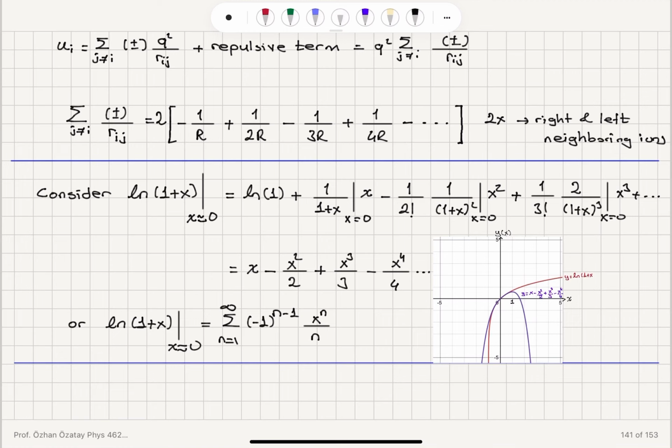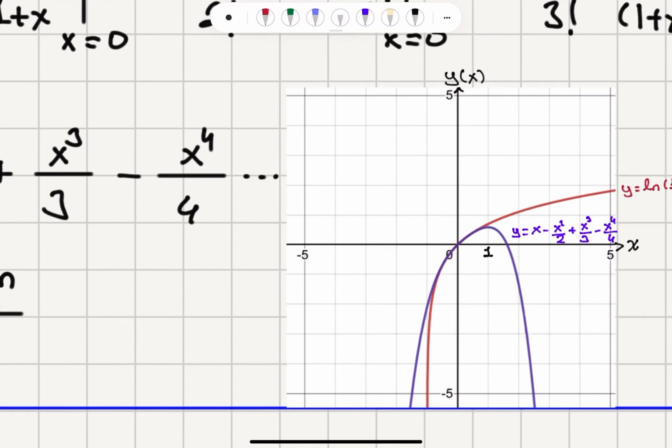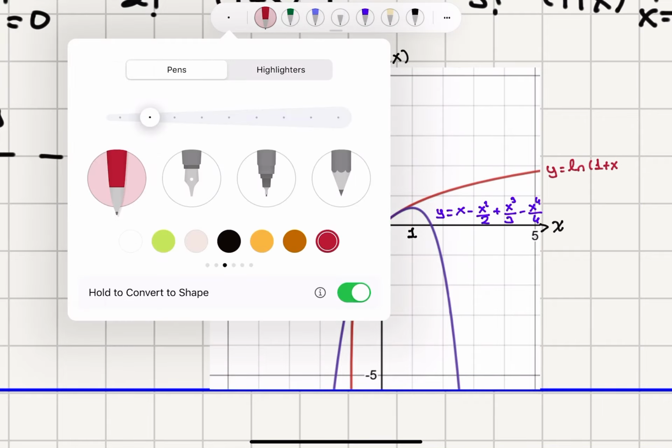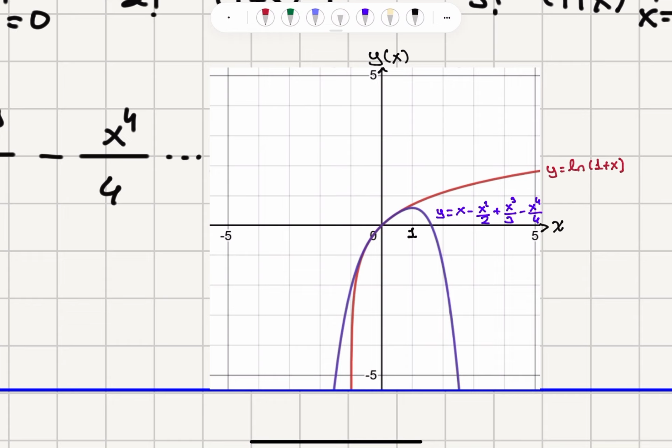Now, when we say x is equal to 0 or x is close to 0, how close should it get? Well, let's take a look at this function, natural logarithm of 1 plus x. This is plotted, y equals natural logarithm of 1 plus x, y of x as a function of x. That's this red plot here.